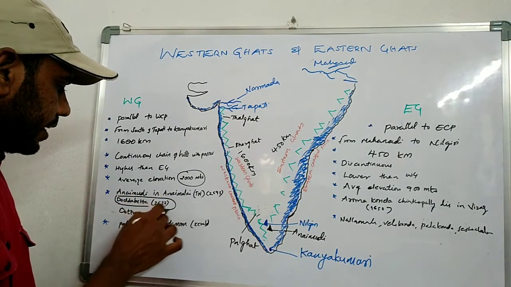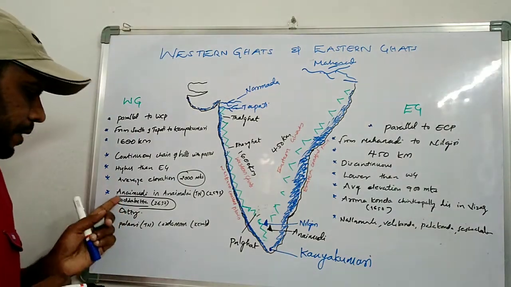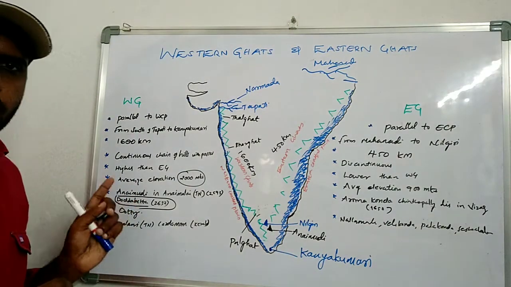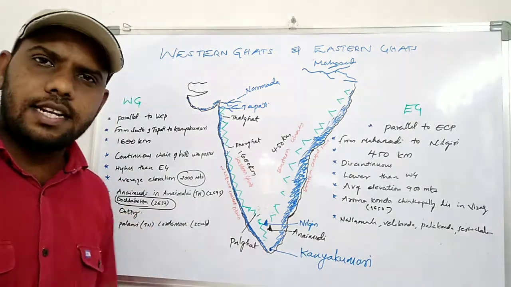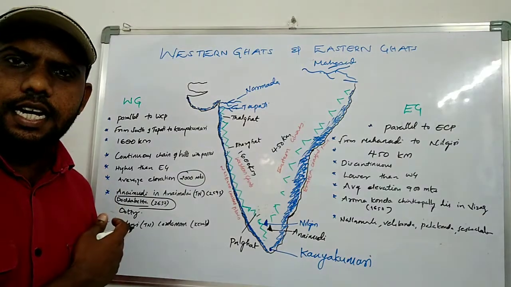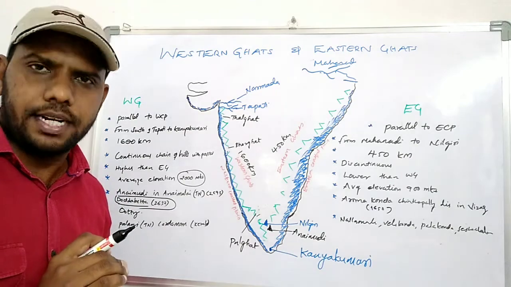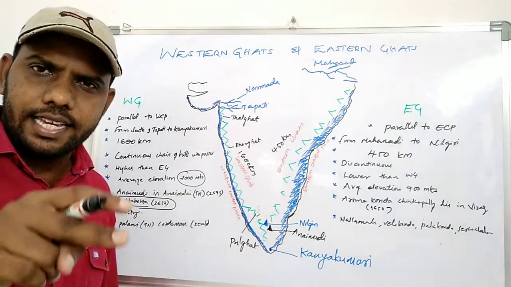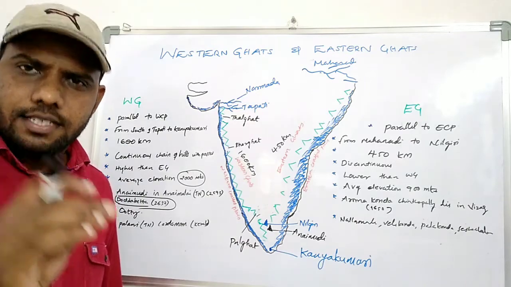Remember Dodda Beta, 2637 meters. It is the second highest peak in South India.